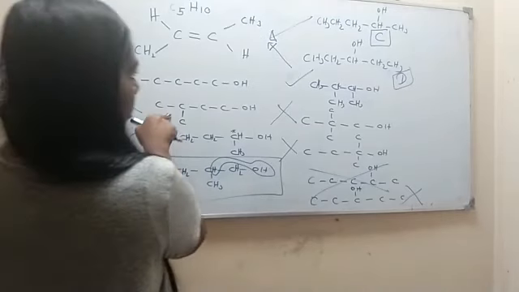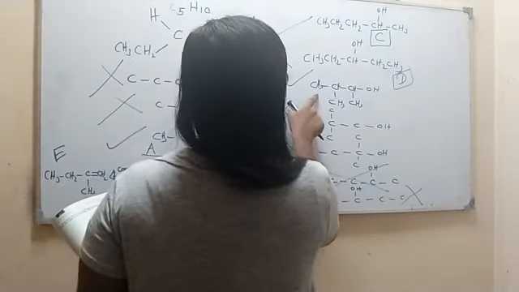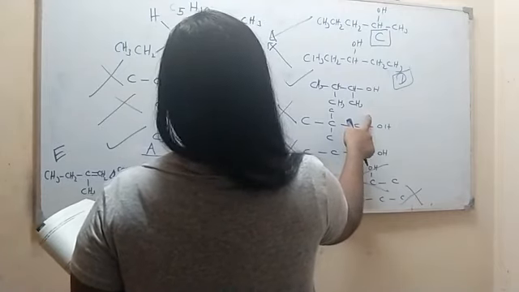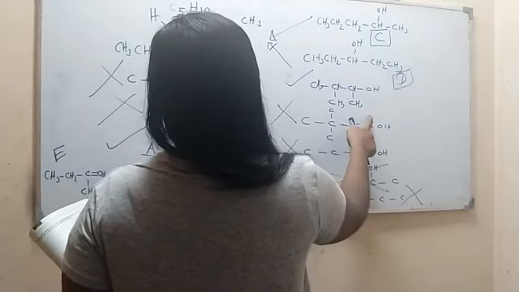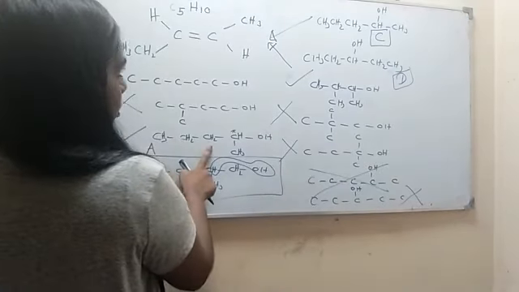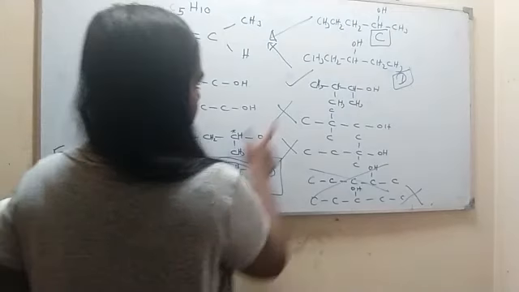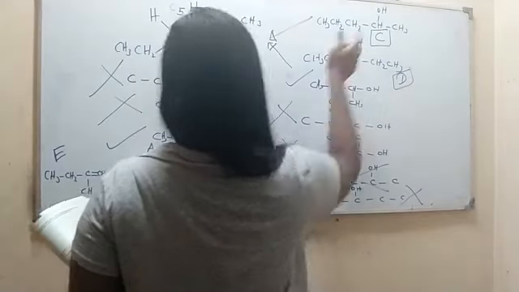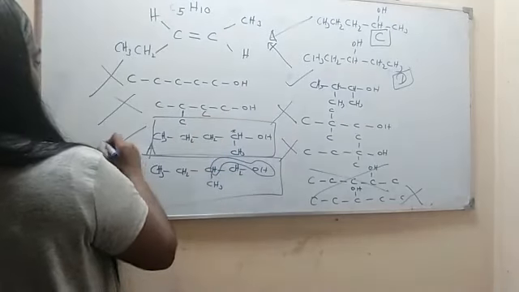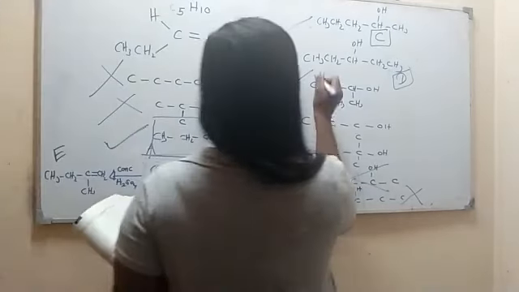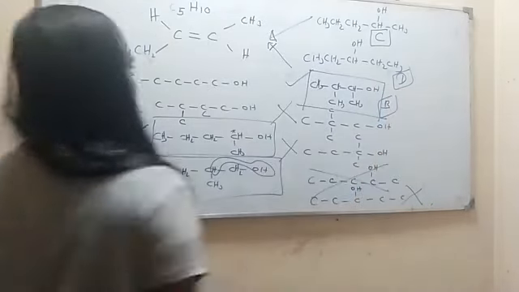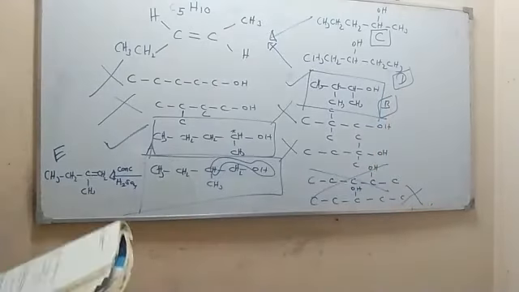So one could be this one and one could be this one. CH3, CH2, CH2, CHO and CH3. So this is our C. Already I put a tick for optical isomerism. Therefore, this one should be our B. Now we identify A, B, C, D, E, everything.